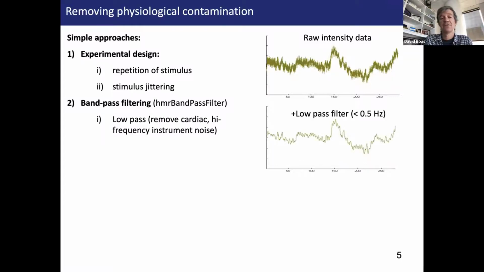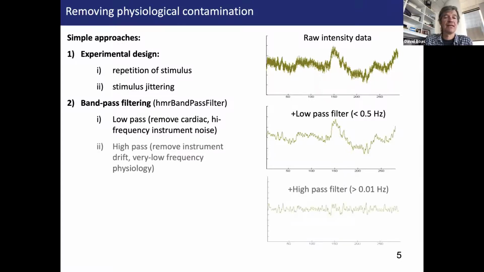So low-pass filtering works certainly well at removing the cardiac signal and also just higher frequency instrument noise. So that's very effective. High-pass filtering, you can use that for removing instrument drift or very low frequency physiology.